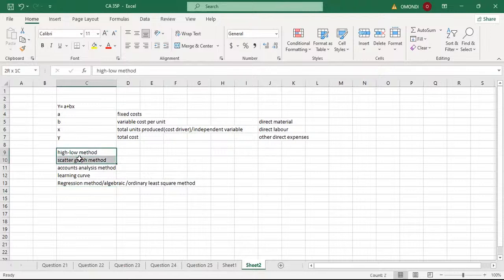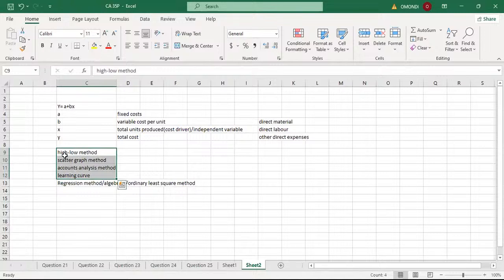So out of all these methods here, of course, we can use scatter graph in Excel to solve the same questions concerning this concept. We can use high-low method. We can use account analysis. But our main interest here in this concept is by use of regression method.